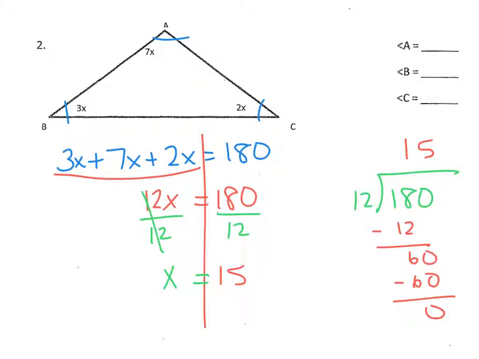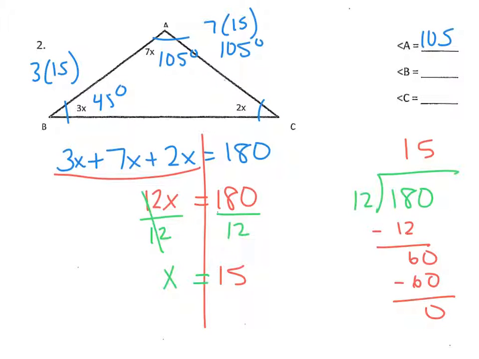Now to find each angle, angle A is 7 times 15. 7 times 10 is 70, and 7 times 5 is 35. 70 and 35 is 105 degrees. So angle A is 105 degrees. For angle B, we have to do 3 times 15, which is 45 degrees. For angle C, we'd have to do 2 times 15, which is 30 degrees.